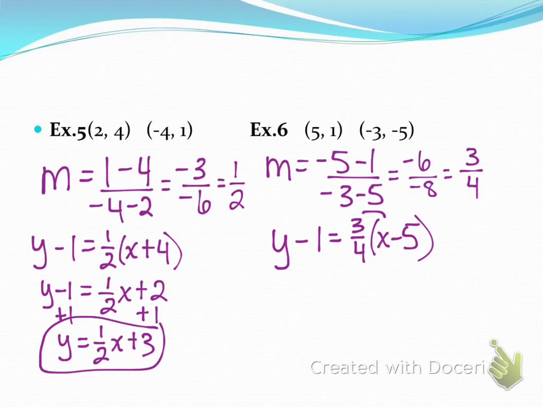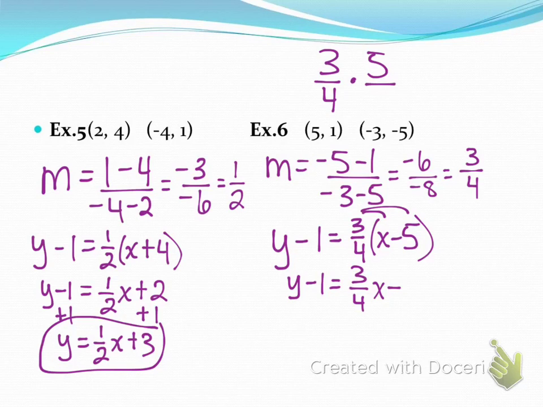So now we have to distribute, and this is where it gets just a little uglier than we're used to. 3/4 x, that's fine, we're used to that. If we're taking a positive 3/4 times a negative 5, positive times a negative is a negative. This goes back to some of the problems we did on Friday. We had to take 3/4 times, we put the 5 over a 1. Will anything cross cancel? No.